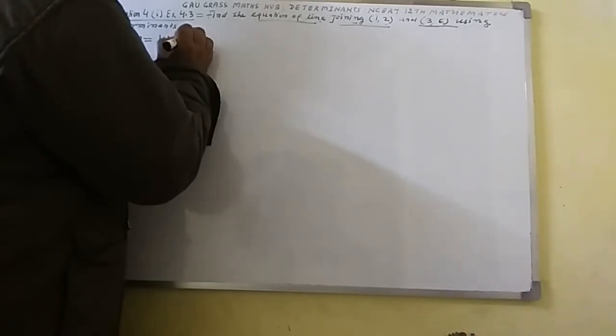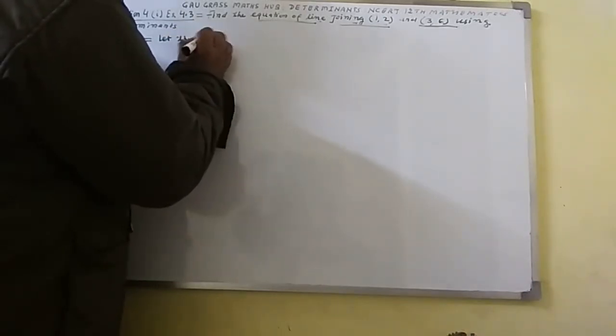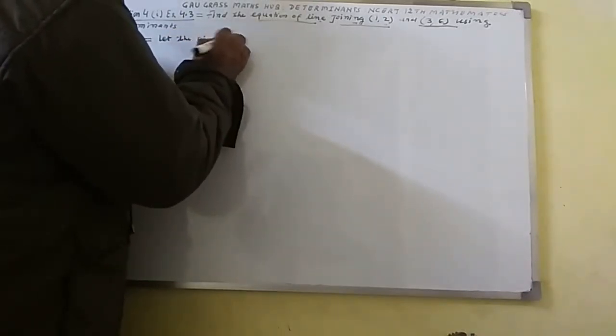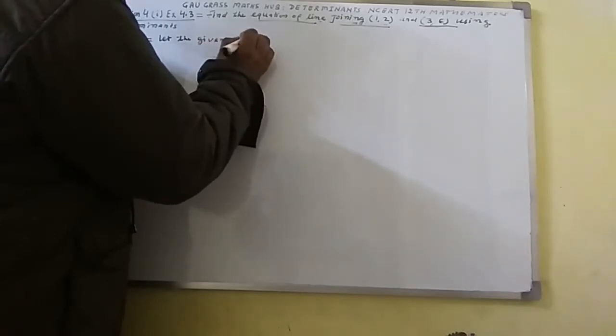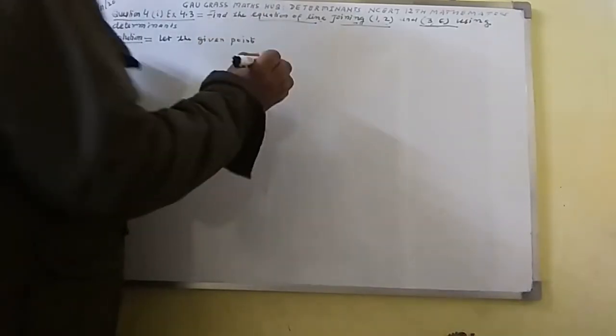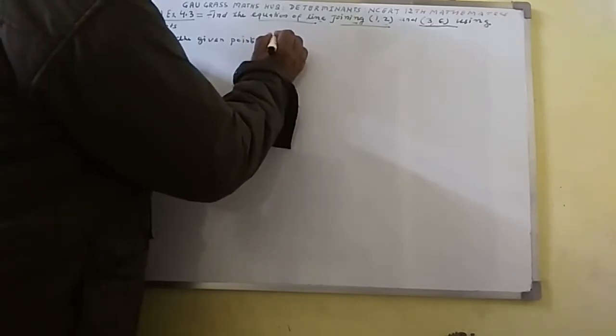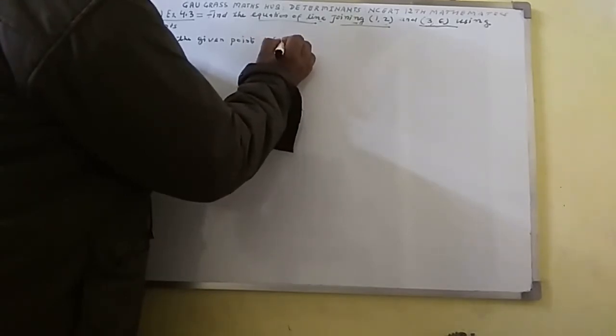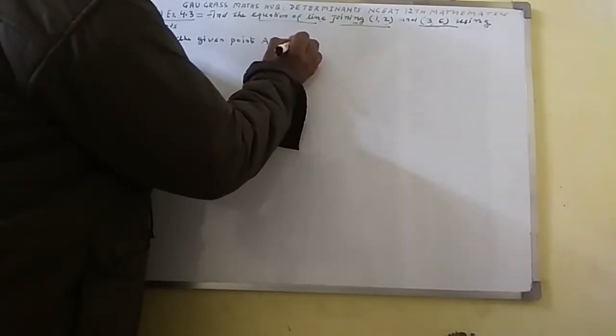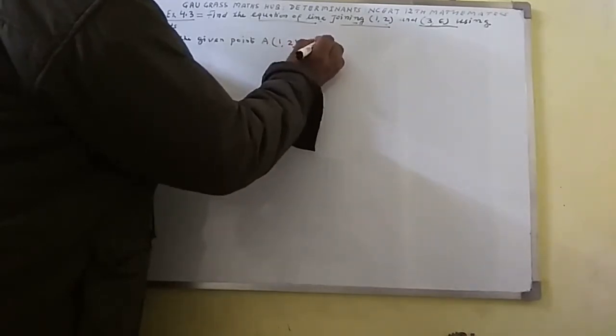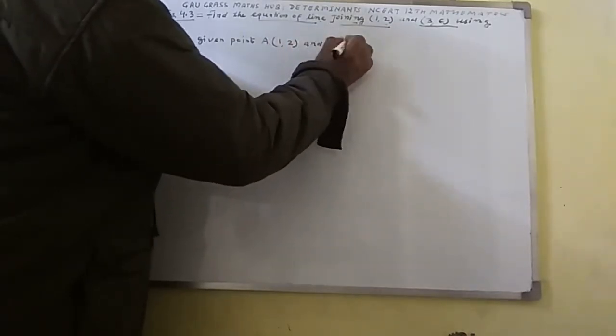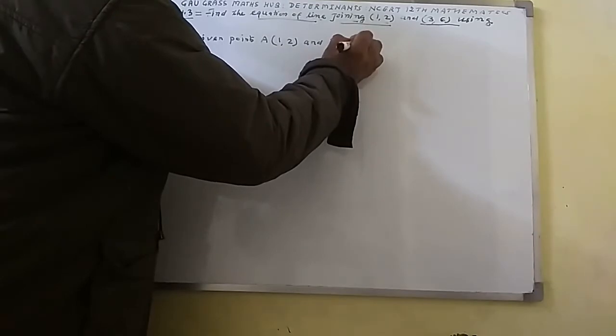So here I shall write: let the given points be A, coordinates (1, 2), and B, coordinates (3, 6).